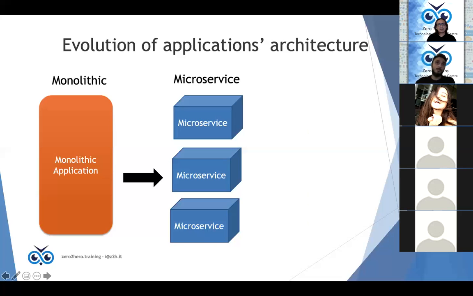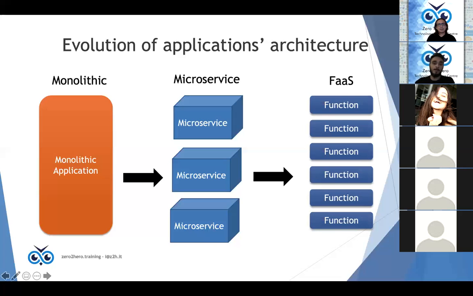So the next stage is functions. This is serverless. As you see, the numbers are increasing, starting from 1, 3 to 6. Why? Because there is a reason. These functions refer to maybe each endpoint of the service being a function.